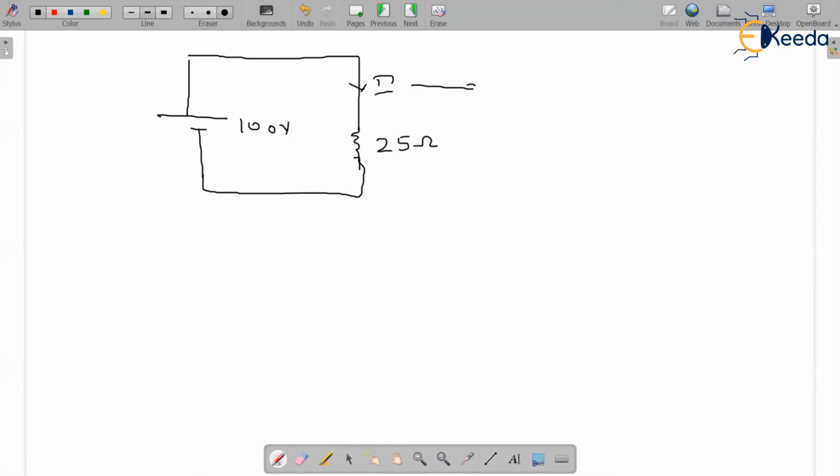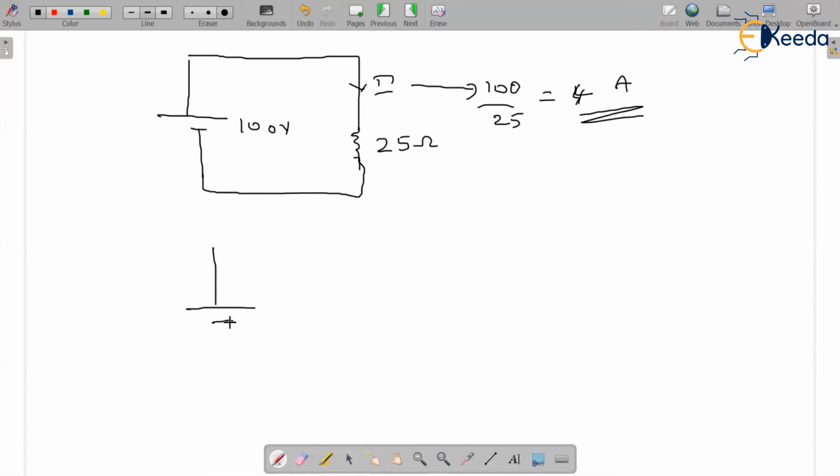So I is equal to 100 by 25, which is 4 amperes. In order to know that 4 amperes is passing, we need one ammeter.